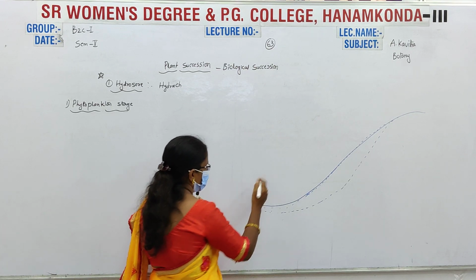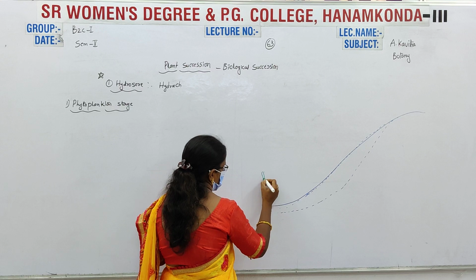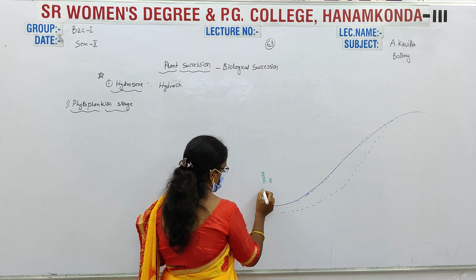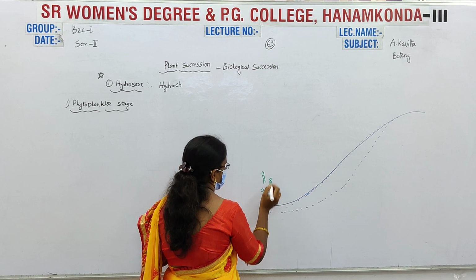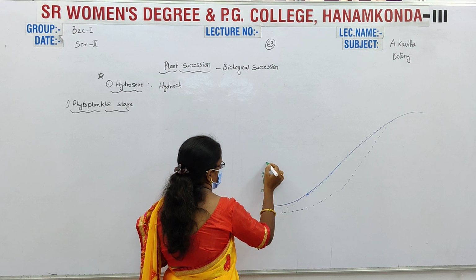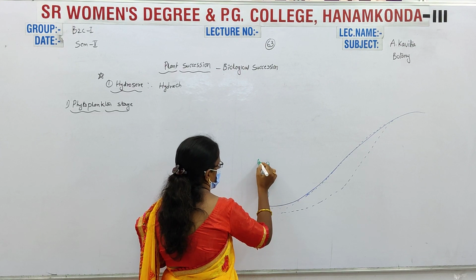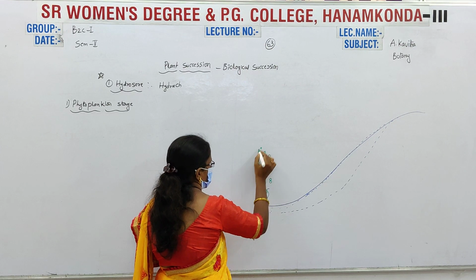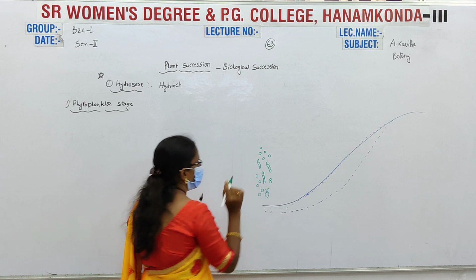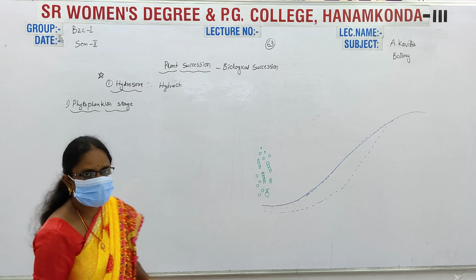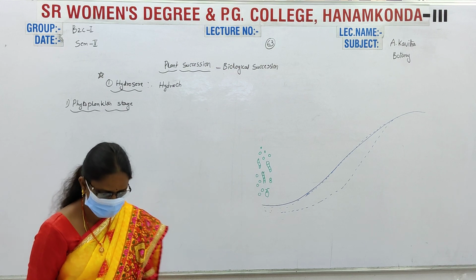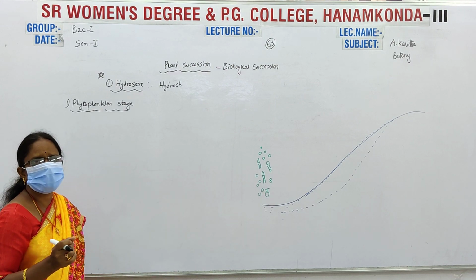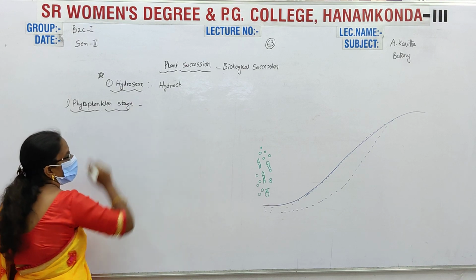In the phytoplankton stage, normally the plants are very small phytoplanktons.